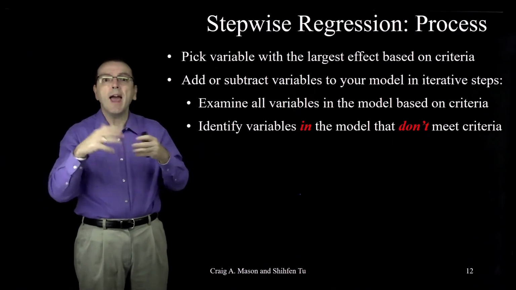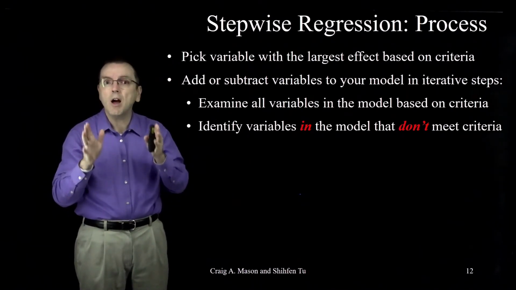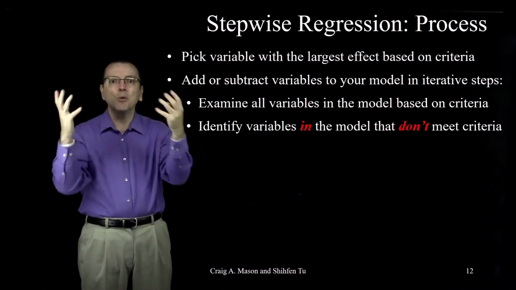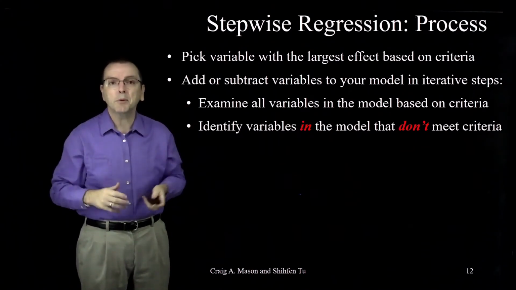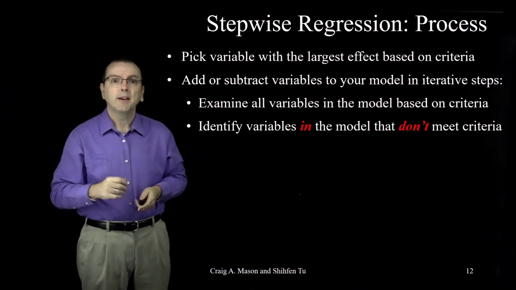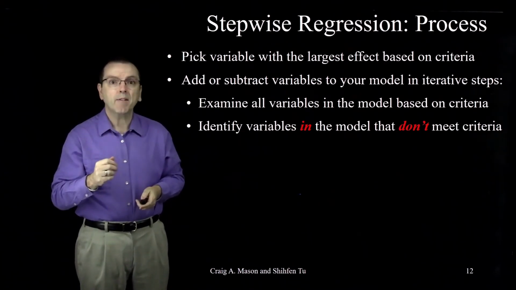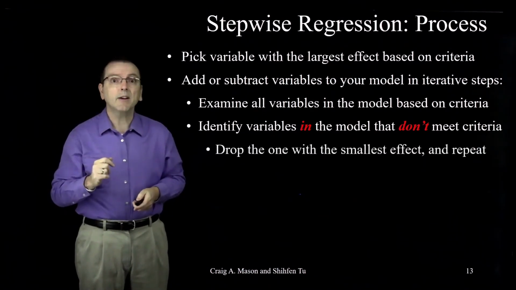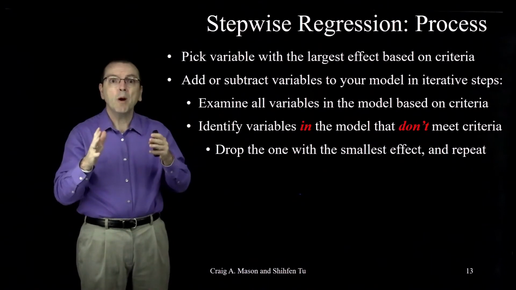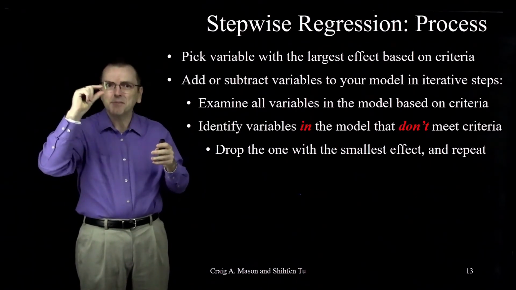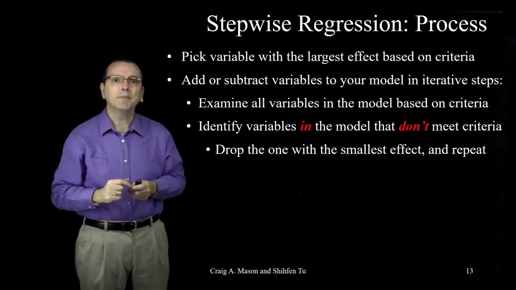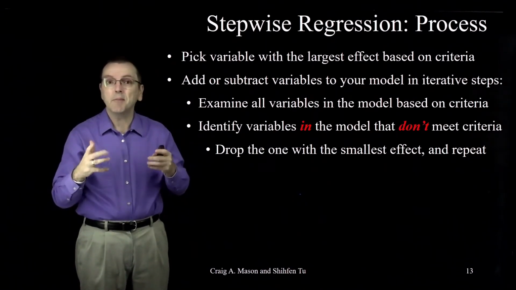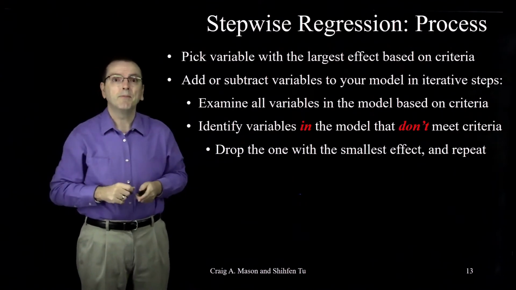But maybe as we've added new variables, they no longer meet that criteria due to overlapping variance or shared effects with other variables that we later added. Now, if one or more of the variables in our stepwise model no longer meet our criteria, we drop the one that has the smallest effect. We drop it out of our model. And then we go back and reevaluate this updated model without that variable.